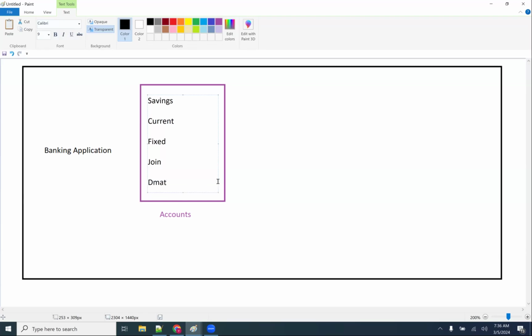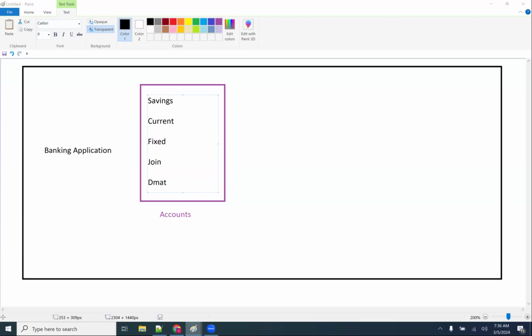Sir, why do I need to do it like this? What is the purpose here? I am categorizing. I am not telling that accounts is a microservice. I am categorizing. Why do I need to categorize?